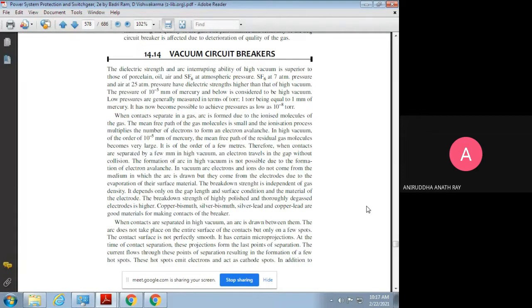The mean free path of the gas molecule is small, and the ionization process multiplies the number of electrons to form an electron avalanche.